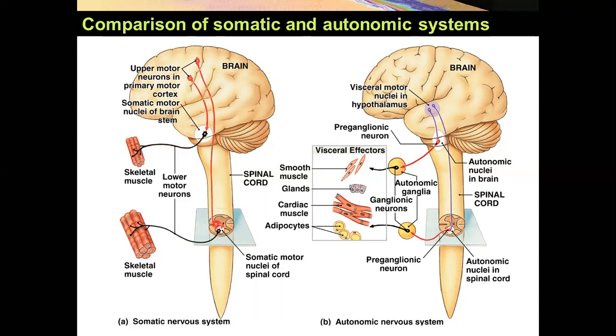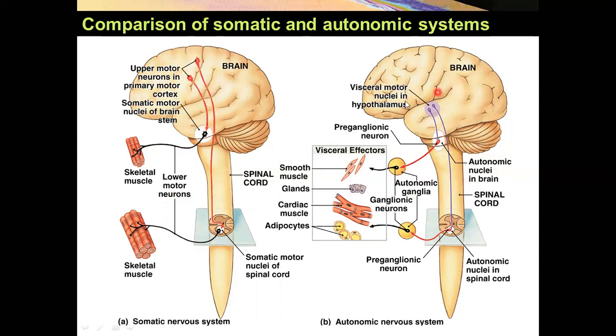And there are also lower motor neurons in the anterior horn of the spinal cord, whose axons come together and form the spinal nerves. So the lower motor neurons receive cortical and subcortical innervation from the brain through the upper motor neurons.